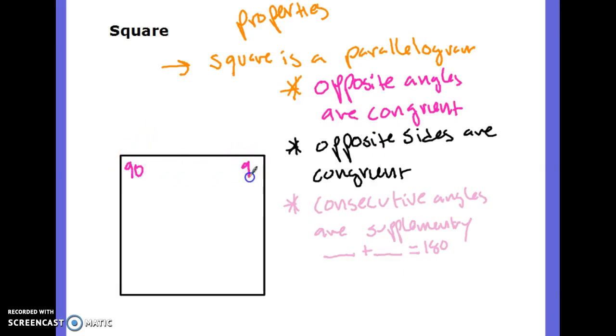So of course the two angles next to one another are going to be supplementary because 90 plus 90 equals 180. And then the last one. In fact, the last one's really the only one that we don't know almost off the top of our head: because it's a parallelogram, the diagonals bisect each other.